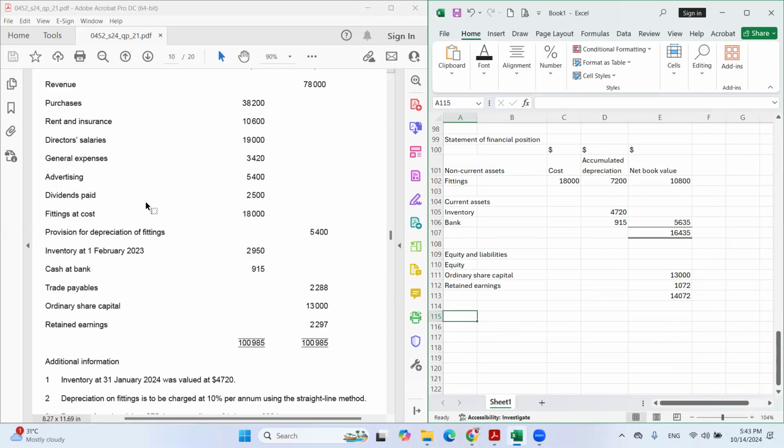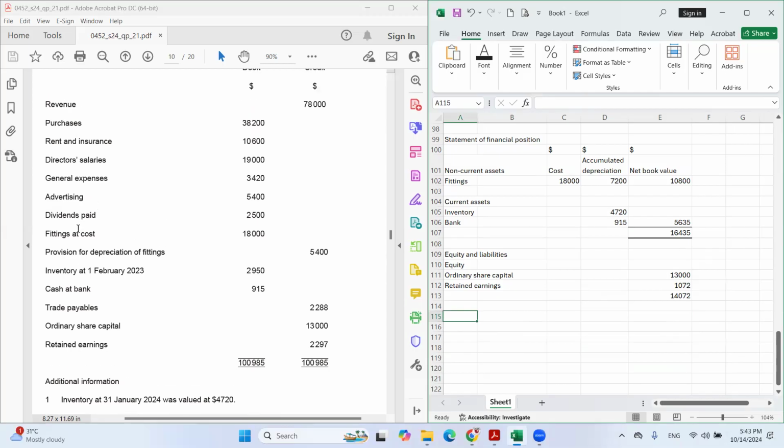Next is that non-current liability. Is there any non-current liability in this question? Also don't have. So we skip it. Last is the current liability. So what are the current liability we have in this question? You have the trade payable. So trade payable, no adjustment. So 2288.